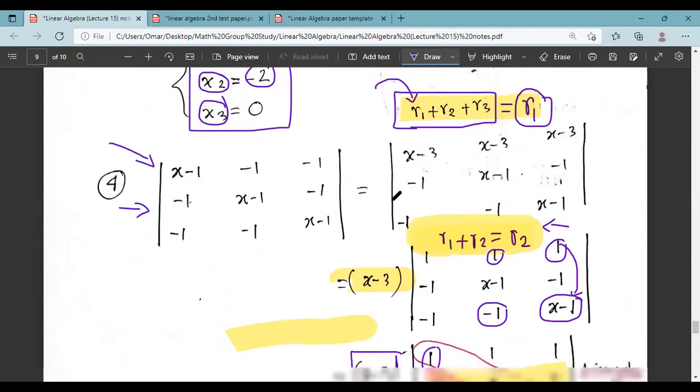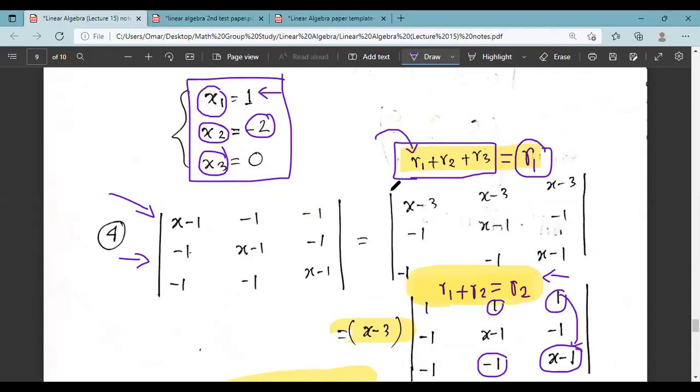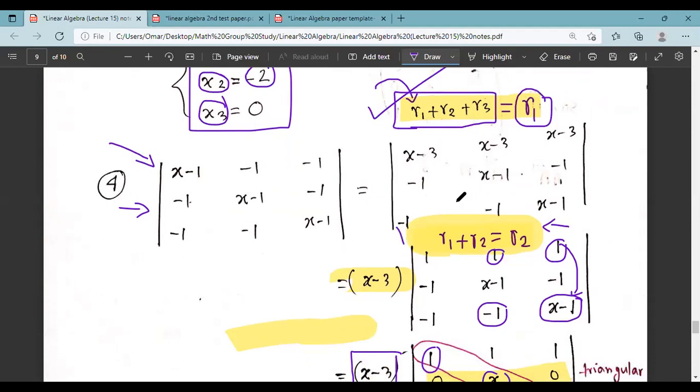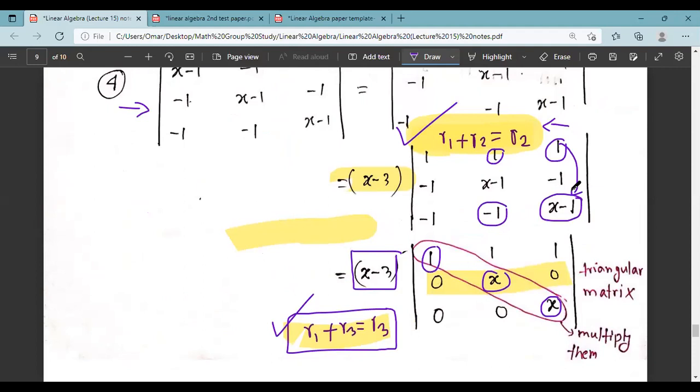So guys, can you understand? We only did three row operations. This is the first row operation, this is the second row operation, and this is the third row operation. I'm sorry if I explained it wrong, because I didn't write down the row operation before.